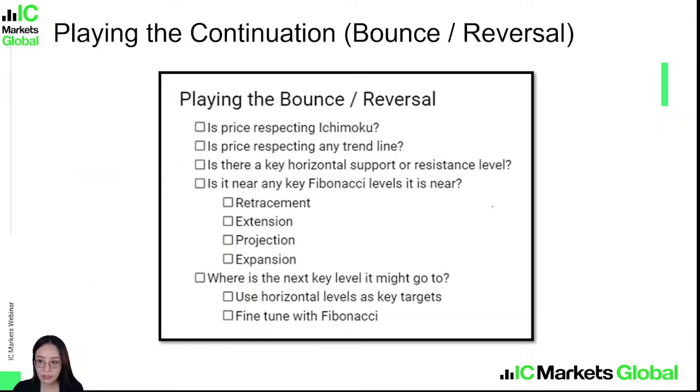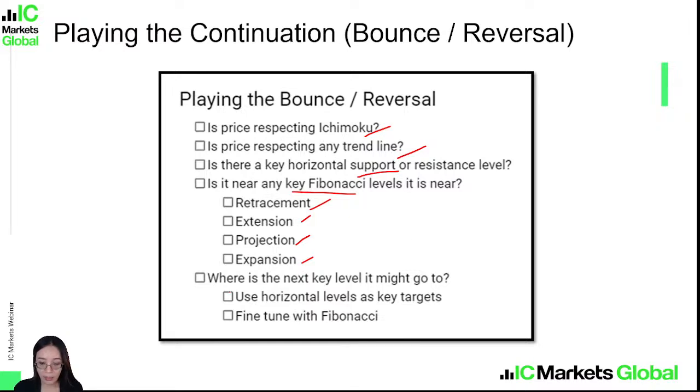If you want to see continuation or a bounce or reversal, like I say, if you trade with Ichimoku cloud, you see whether price is respecting any trend line, any key support and resistance level, or price is near the key level of Fibonacci. Either you use retracement, extension, projection, or expansion.